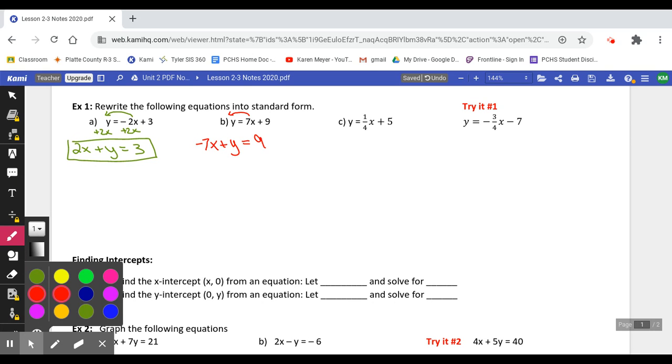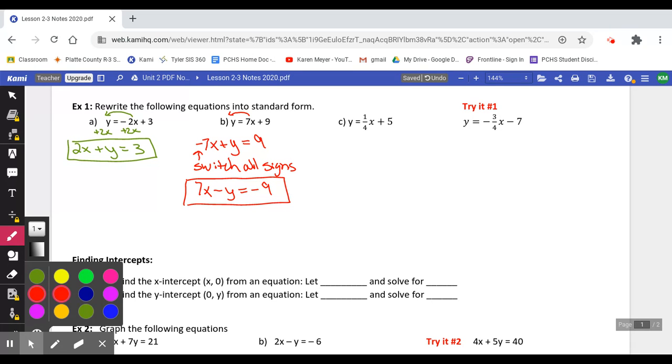There's a negative 7 in front of x, and we said that has to be positive. So to get rid of this negative sign, we have to end up going through and switching all the signs in the equation. So it becomes positive 7x minus y equals negative 9. So if I'm going to flip one sign, I got to make sure I flip all the signs.